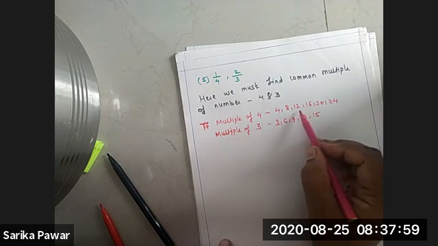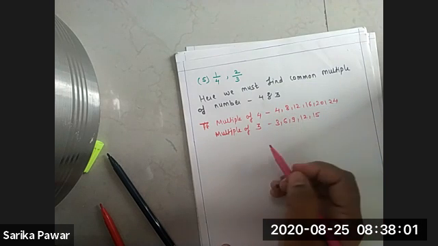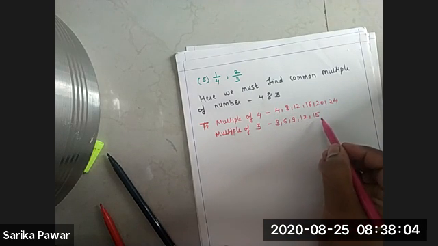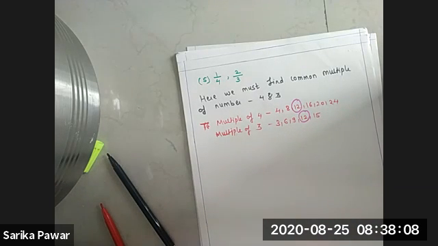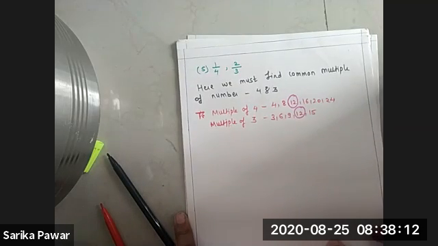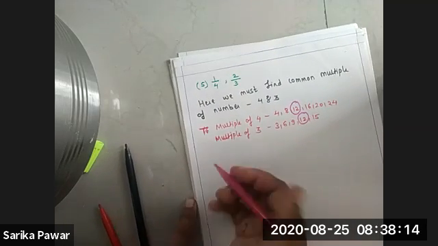See, 4, 8, 12, 16, 20, 24. Here 3, 6, 9, 12, 15. See, 12 and 12. The common multiple is 12. Now what do we have to do? We have to make 12 the common denominator.